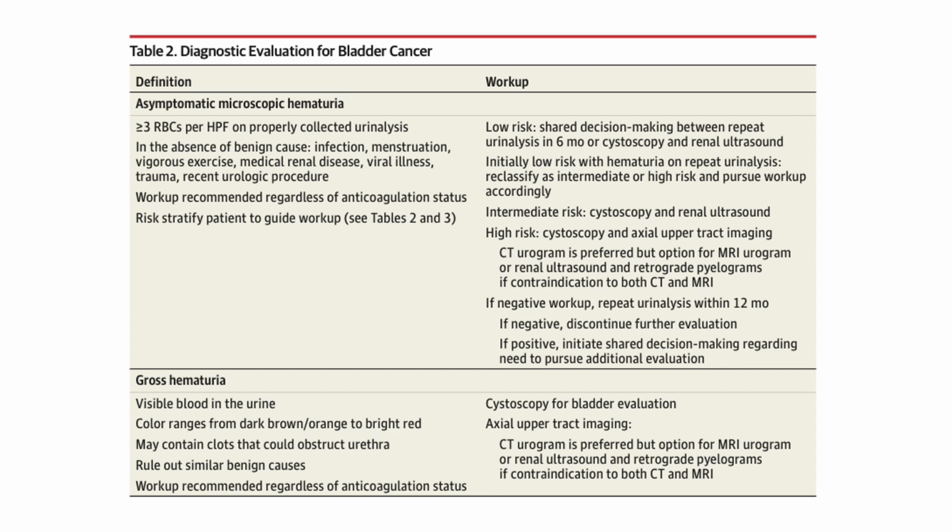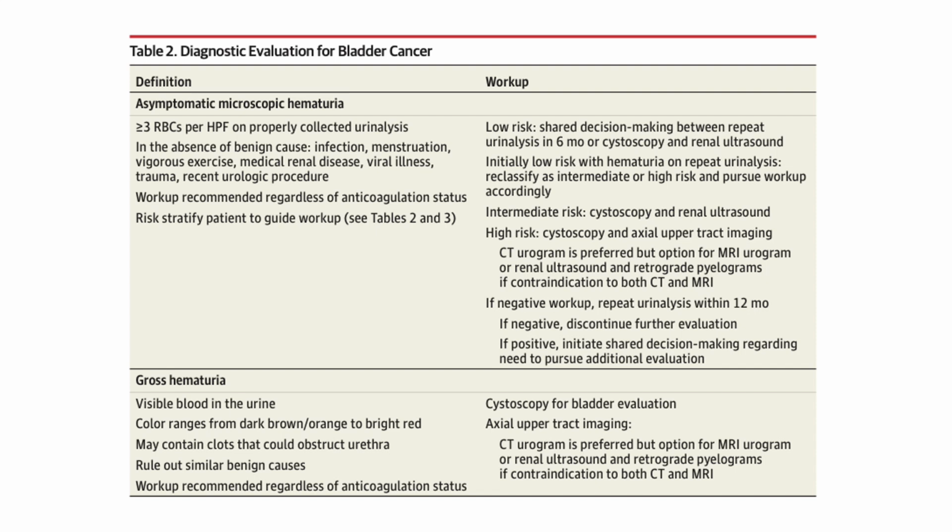So this is a table from a JAMA review article on bladder cancer. Basically, you're going to risk stratify your patients based on what type of hematuria they have and what risk factors they have. If they have asymptomatic microscopic hematuria, you still need to evaluate them for potential bladder cancer, and you do that by risk stratifying them.